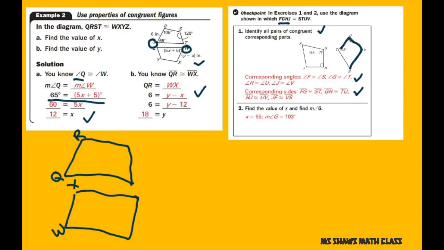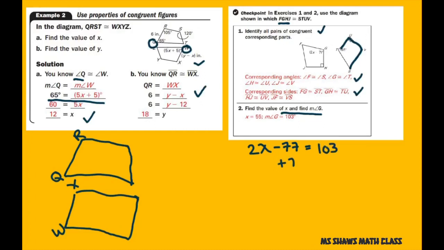And then to find the value of x, you set these equal to each other. So you set 2x minus 77 equals, so that's FG, so that would be 103.